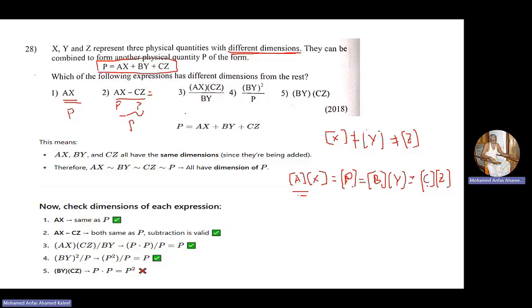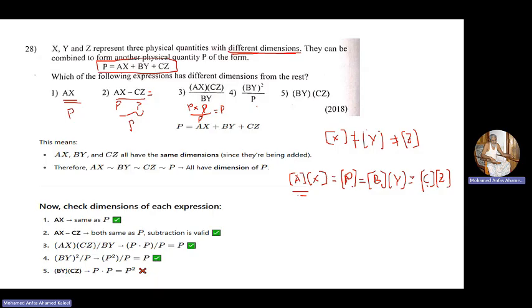What about AX CZ over BY? AX is equal to P and CZ is also P, and BY is also P. So ultimately this quantity's dimension is also P. So what about BY squared over P?